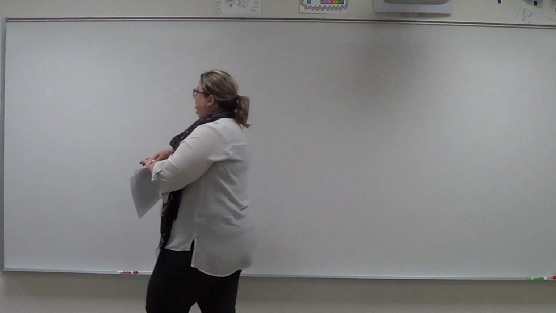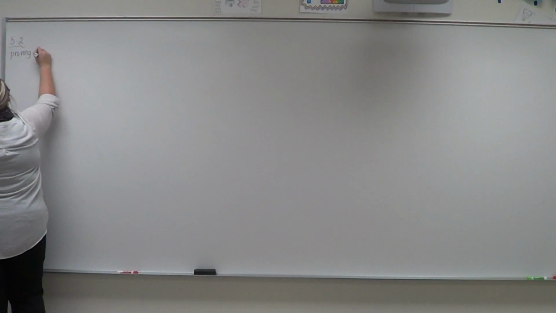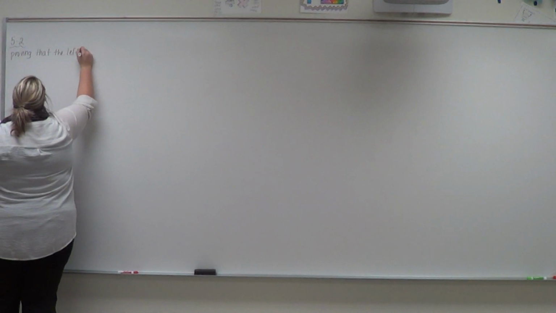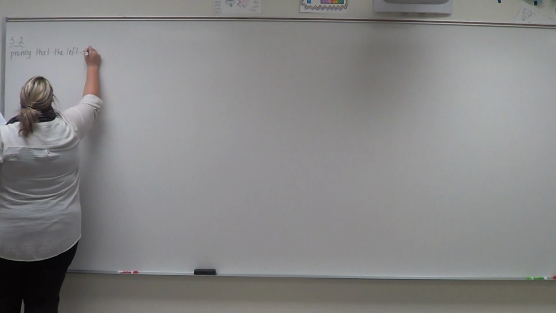Okay, so section 2 is very similar to section 1, as in we're still simplifying identities, but the difference is now we're verifying them. So we need to prove that the left-hand side equals the right side.